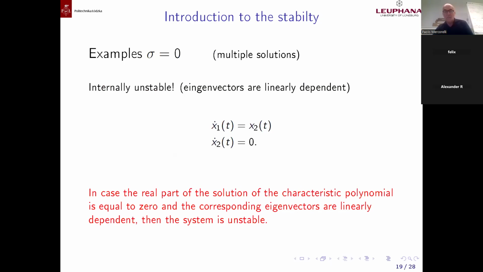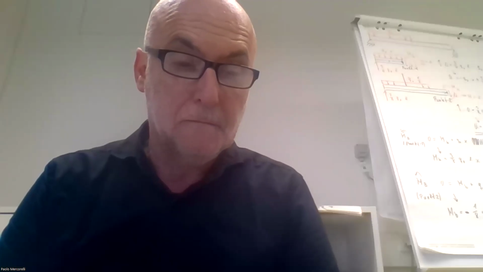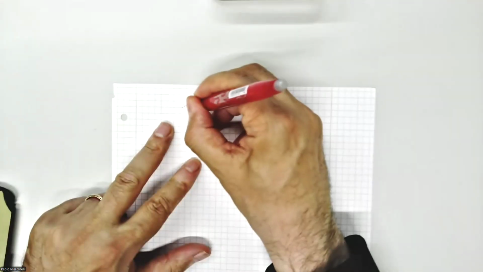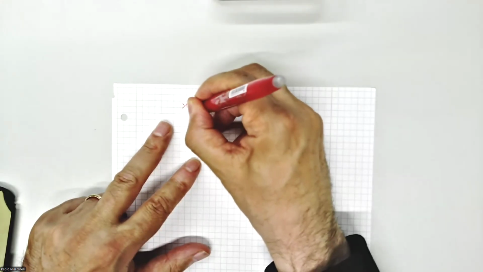Let me consider this. Now write something. Okay, let me switch on the lateral camera. Let me consider this system. Let me see if I have something better to write.